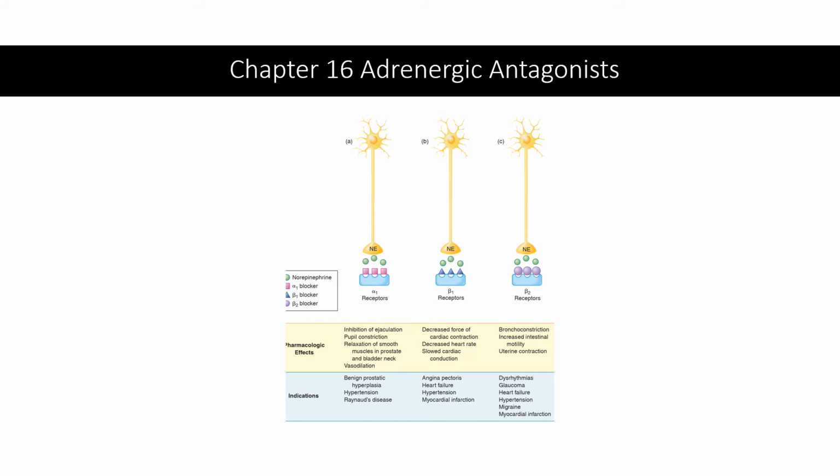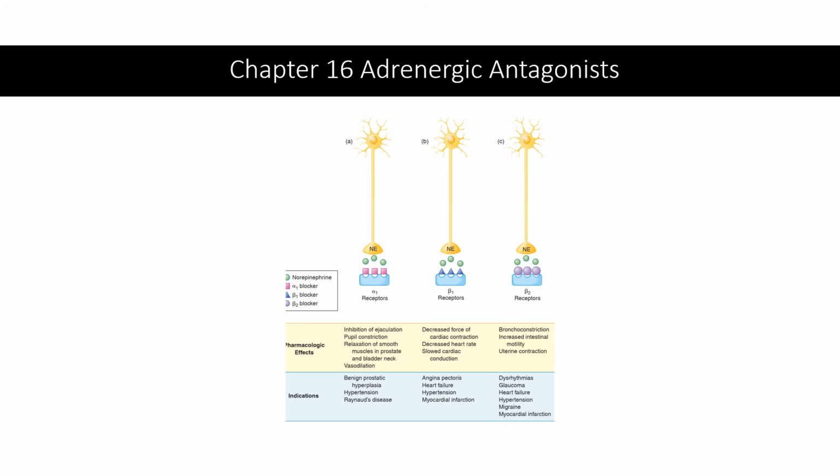Okay, so we don't want to do that. But what if we use an alpha antagonist, an alpha-1 antagonist? Well, that's going to open up that valve a bit and help urination in a male with BPH, benign prostatic hyperplasia. So you can see that we could use them there to help urine flow.